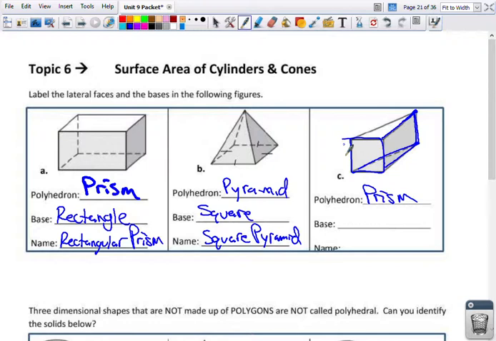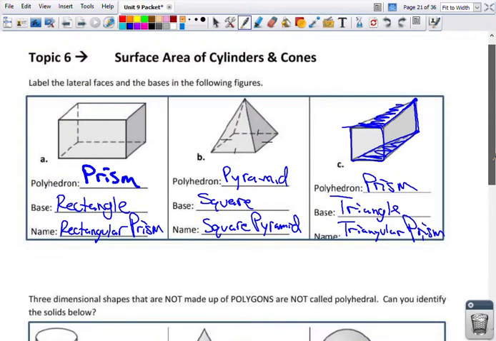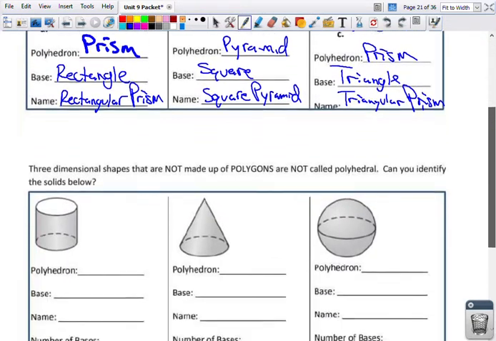The two things that are parallel are that triangle right there and that triangle right there. So the base is actually a triangle, which makes this a triangular prism. So that's the confusing part, but we're looking for which two faces are parallel when we're talking about prisms. Okay, so these are all polyhedron because all their faces are made up of polygons.